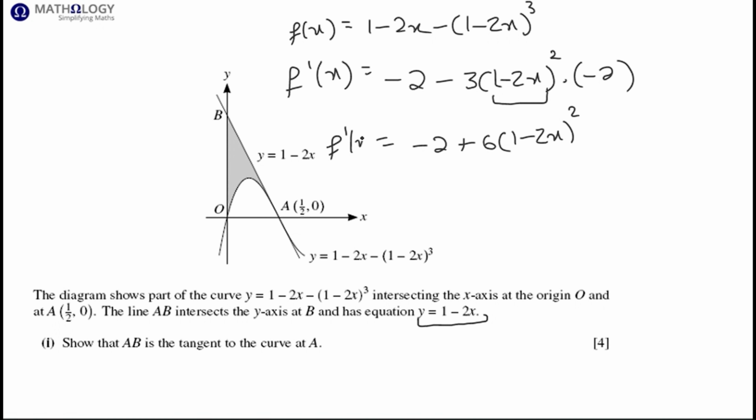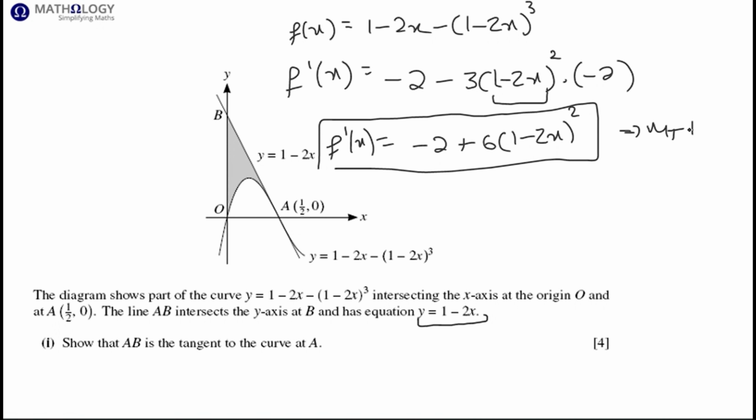F prime x, this expression here, represents the gradient of a tangent to f. If we want to know the value of the gradient of a specific tangent, we need to know the point of contact, which we know is A.